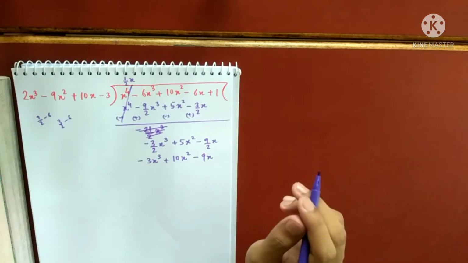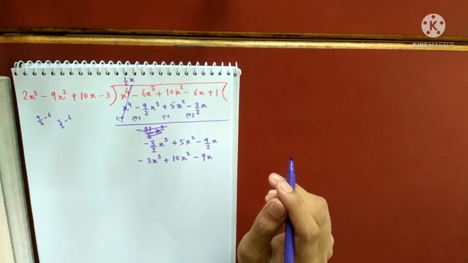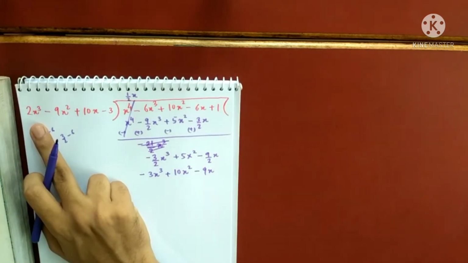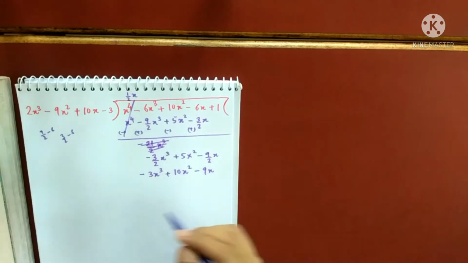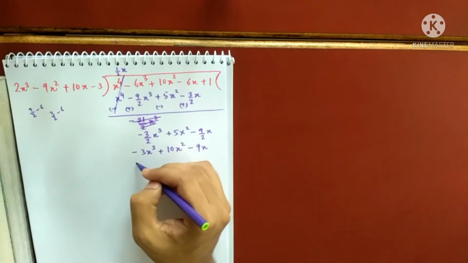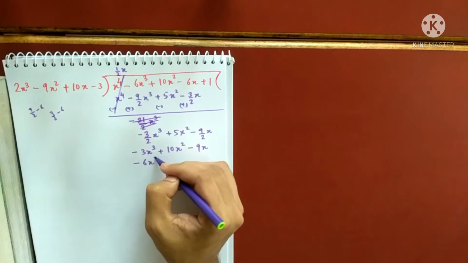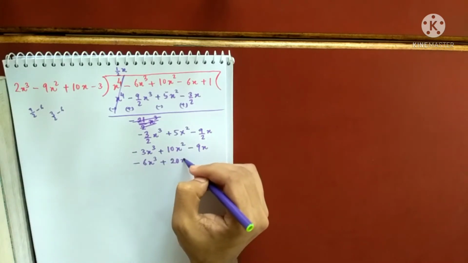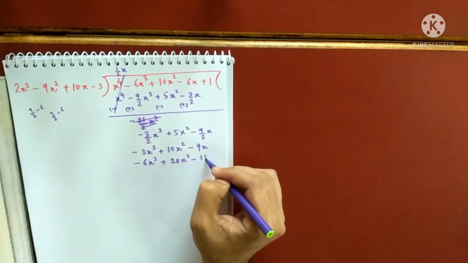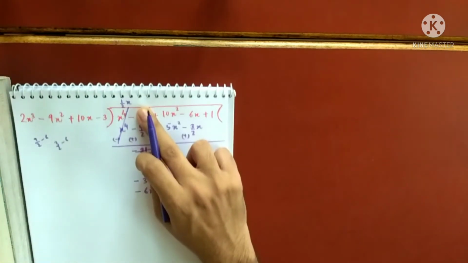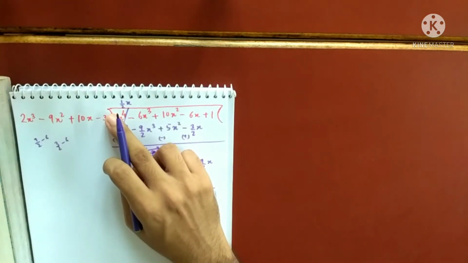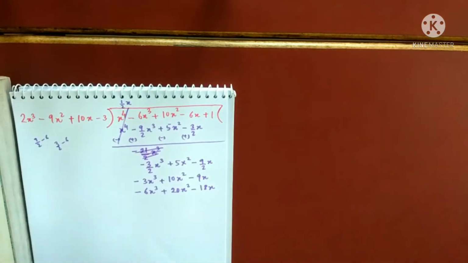Okay, so still there is a problem because I need a 2 here. I'll multiply by 2 again, so that will become minus 6x cube plus 20x square minus 18x. Why am I doing it? Because I do not want a fraction here. I could have also done that in the first line, to multiply this by 2.